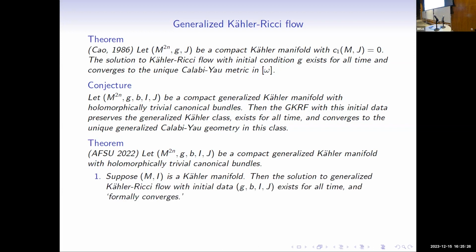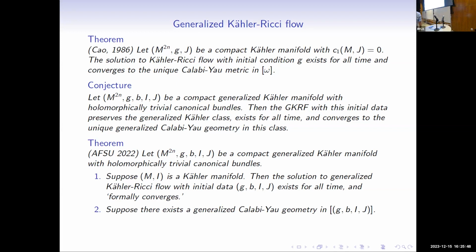Okay, then the solution does exist globally. And I just sort of fudge here and I say it formally converges. What I mean is there are monotone quantities that tell you if it's controlled at infinity, it will converge. So if you could take any kind of limit, it will converge to the right thing. And then we prove a stronger theorem.